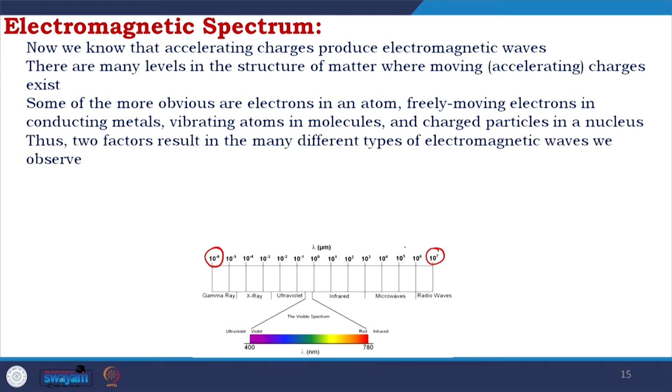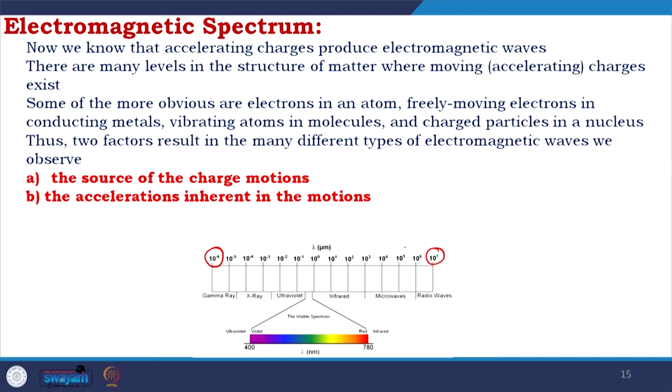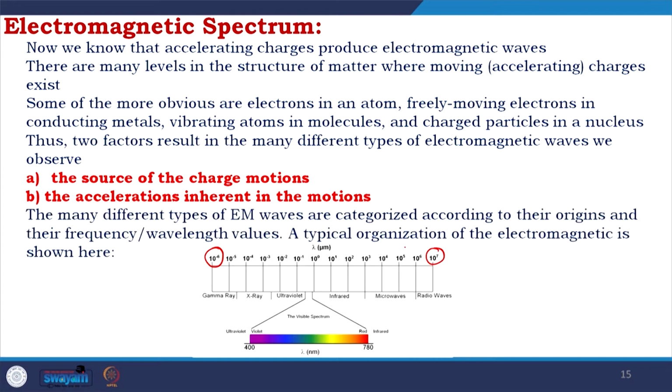Thus, there would be two factors which result in many different types of electromagnetic waves which we see in general experiments. One, the source of the charge motion, and second, the acceleration inherent in the motion.